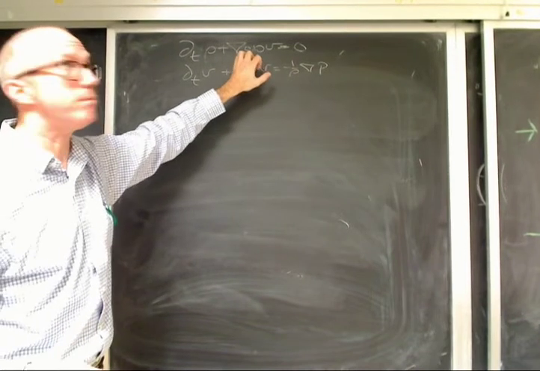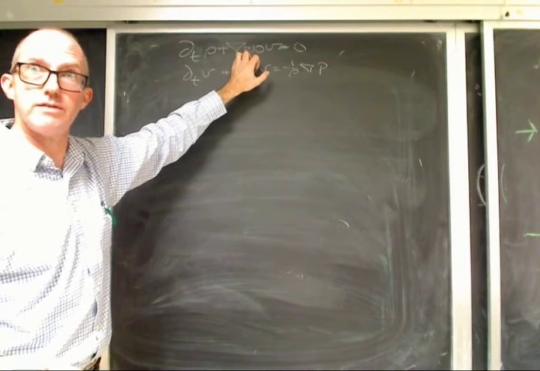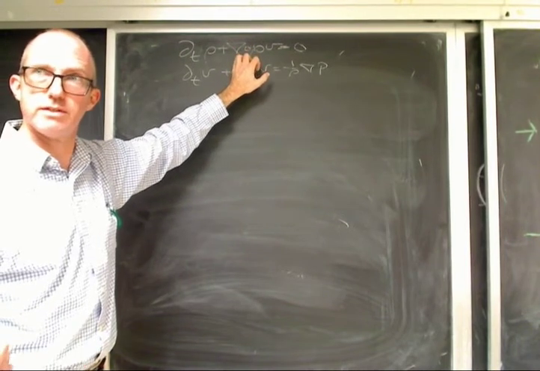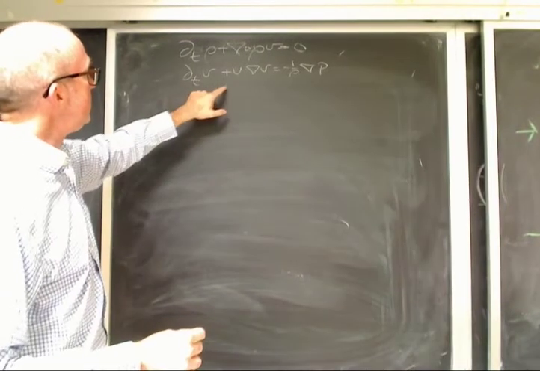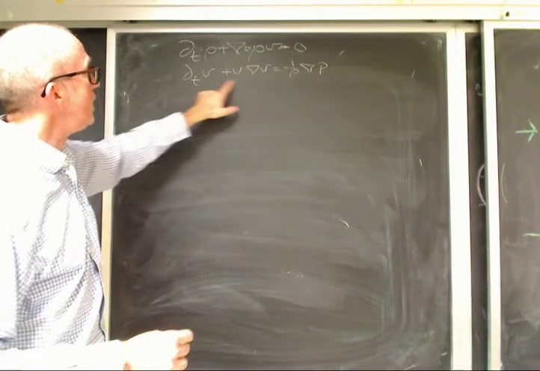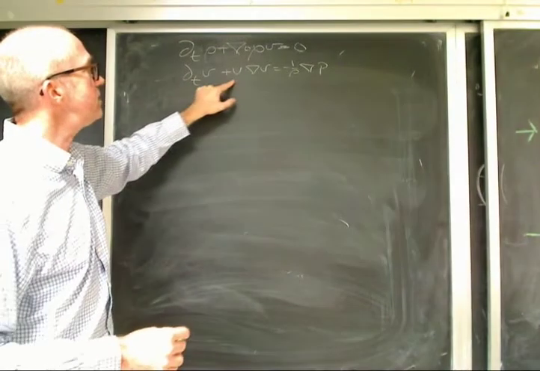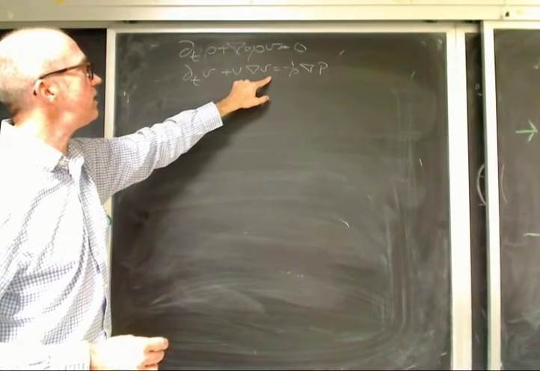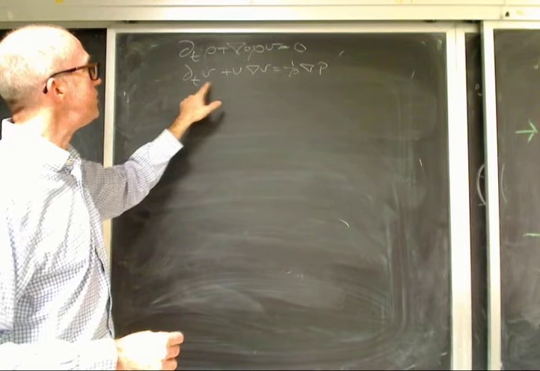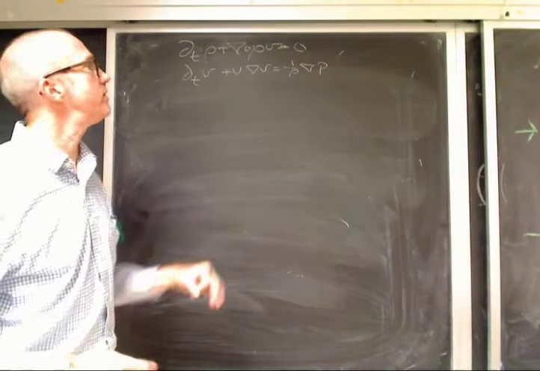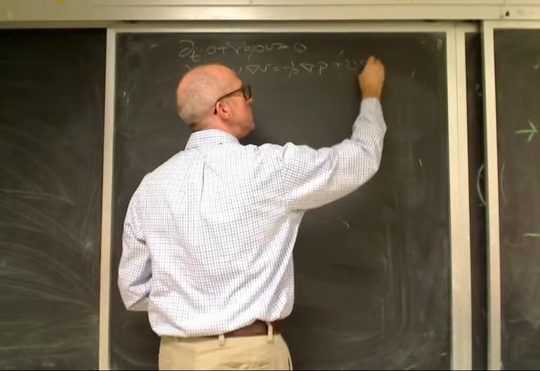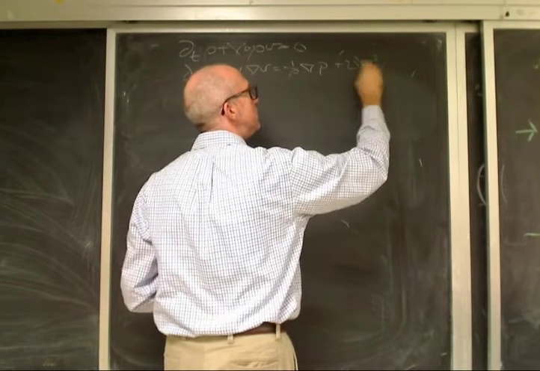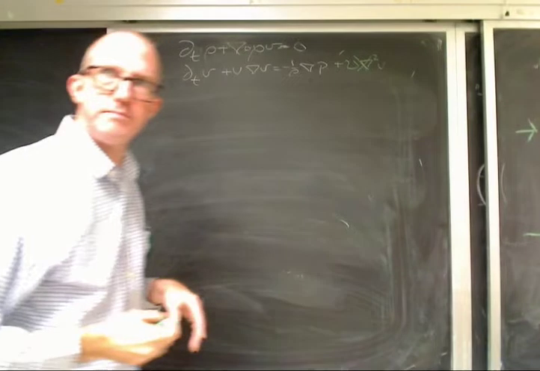Think about volume integrals: integrating this divergence turns it into a surface integral. Then dv dt, chain ruling out the full time derivative of the velocity, and here is my force. Now for Navier-Stokes, we would have plus nu del squared v, but we'll ignore that for now.